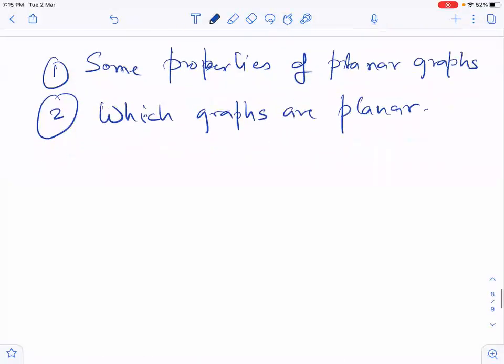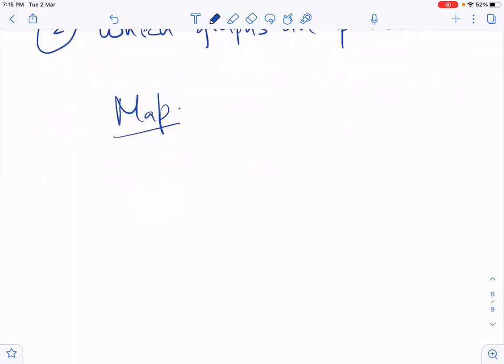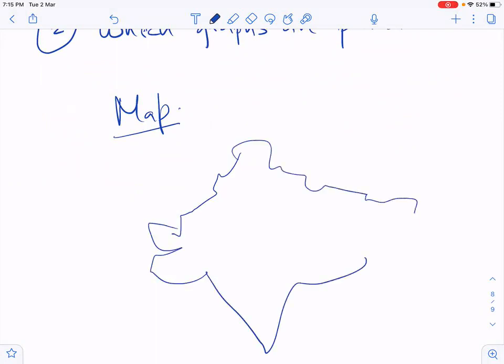Similarly, if I give you a map, say a map of India, and you have these various states and all those kind of partition divisions and so on and so forth.